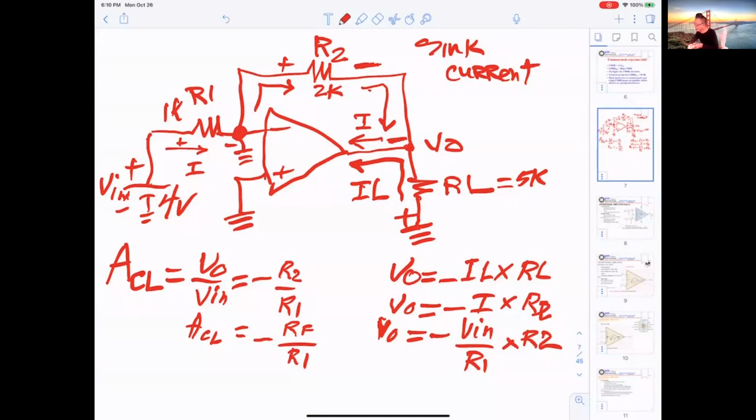In this case the gain equals 2K divided by 1K. You get minus 2.